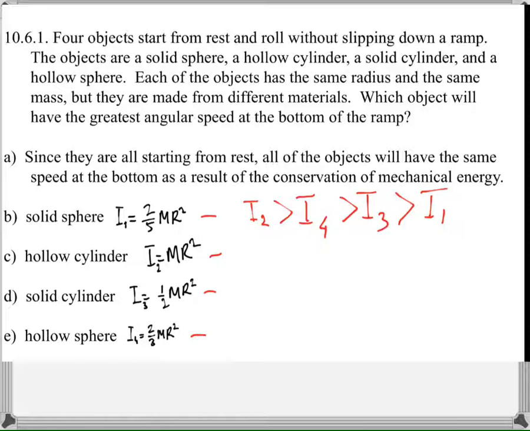Who says solid sphere? Who else? The solid sphere has a larger angular speed. What about the hollow cylinder? You say hollow cylinder will have less rotational energy, rotational angular speed?